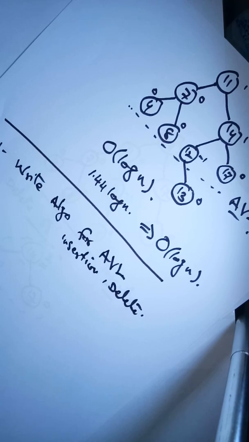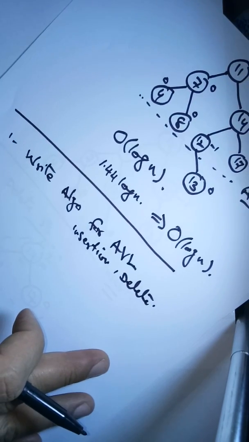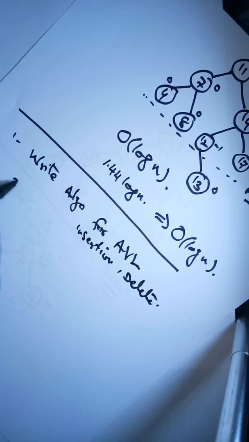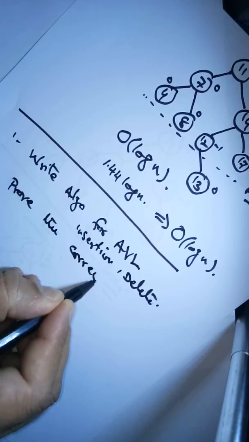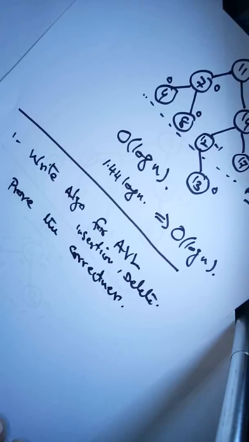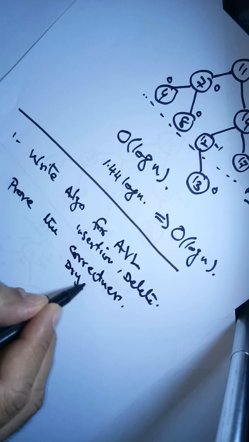Number two that you need to do is you need to prove the correctness of the algorithm, right? You already know how to prove the correctness. Obviously you are going to perform the dry run, right?